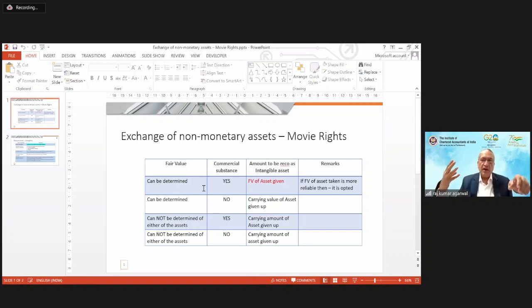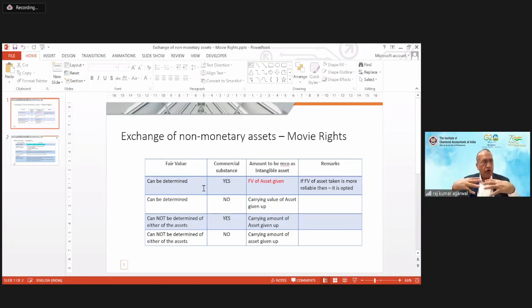For example, I give a movie right which I have held for a long period, but I need a broadcasting right for a particular region, which will give me more visibility. So I'm exchanging this. Because of this, there is commercial substance, as my cash flow would change.